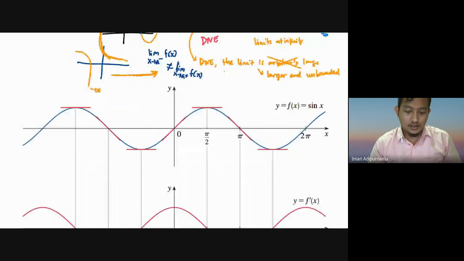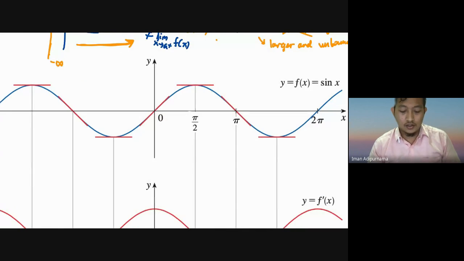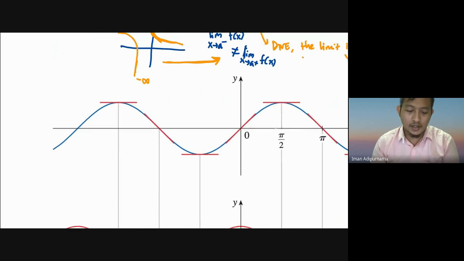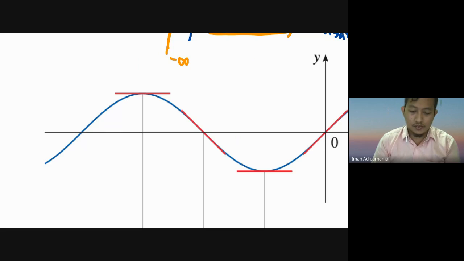All right. Now, from the graph of sine x, if we look at how the tangent will be, we can consider from these sides.